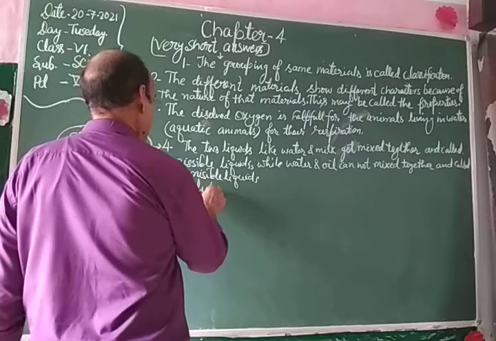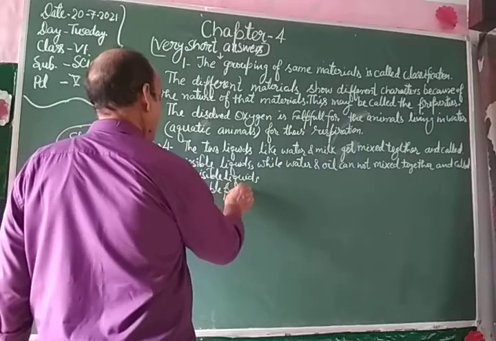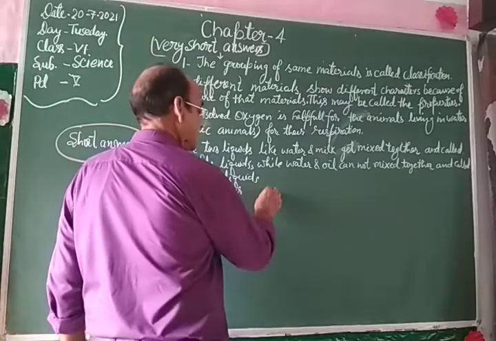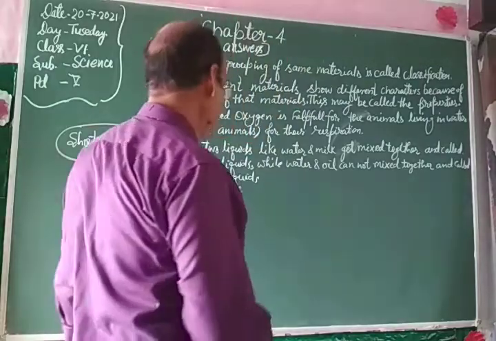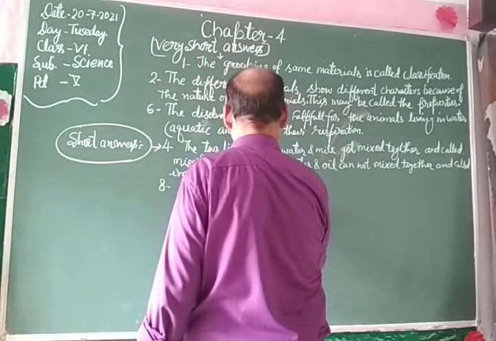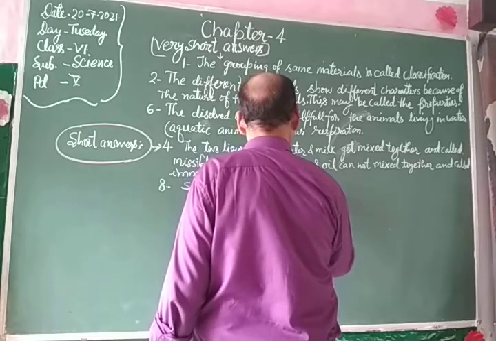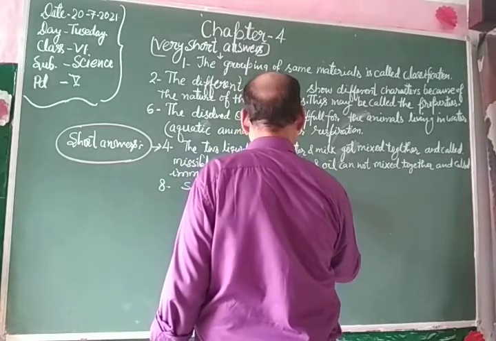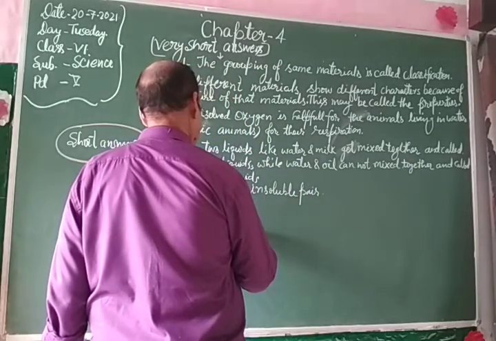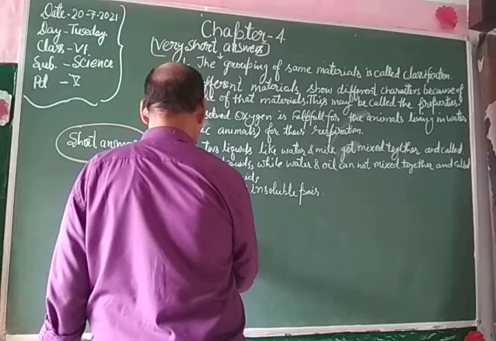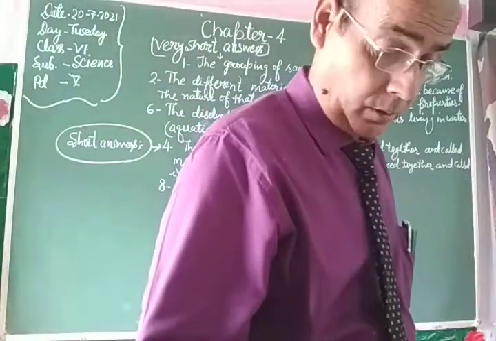You have to write the soluble pairs here and the insoluble pairs here. So three pairs.